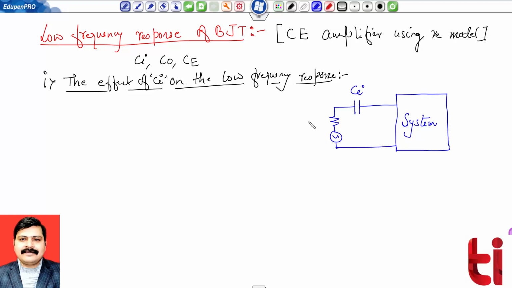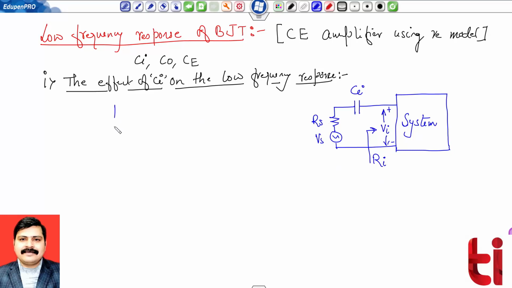My practical voltage source has a series resistance Rs and a voltage source Vs. Vi is the effective input voltage which appears across the system, and the resistance measured across the system is Ri. These two resistances are connected in series configuration.